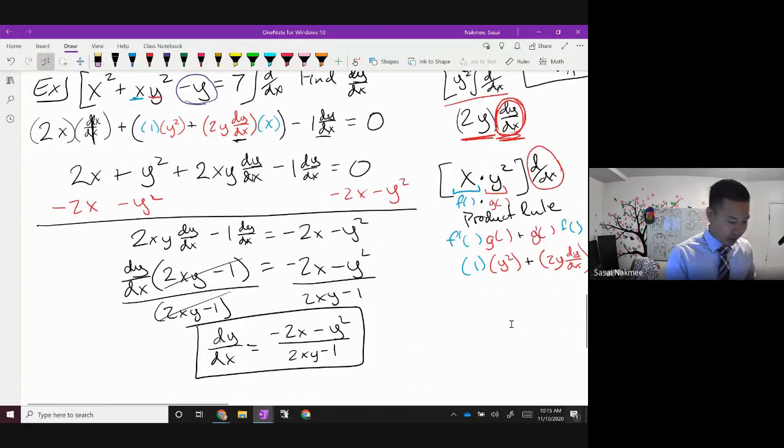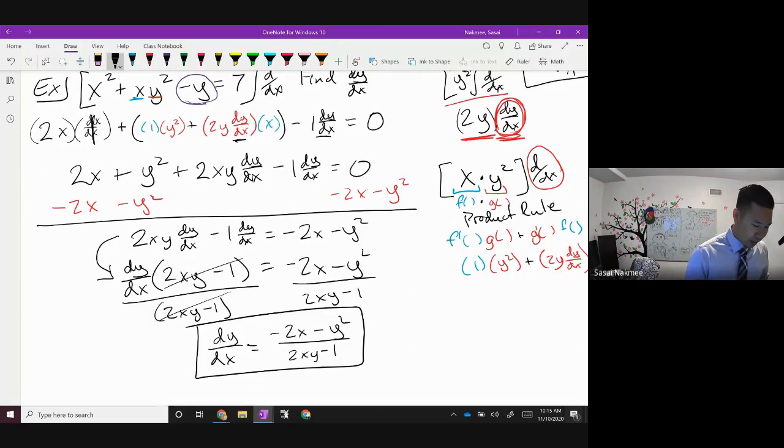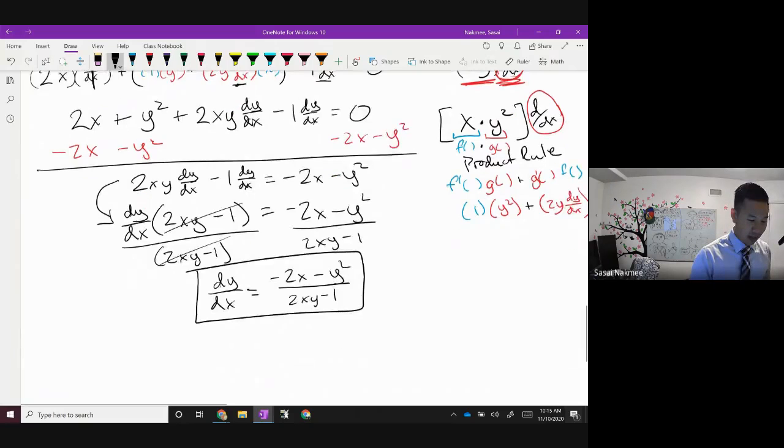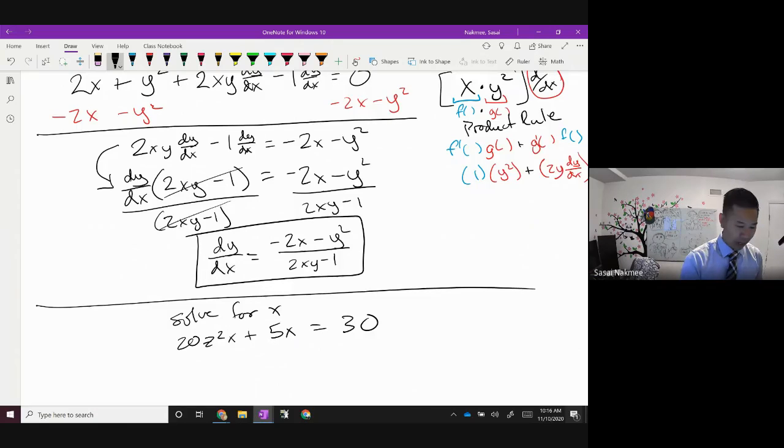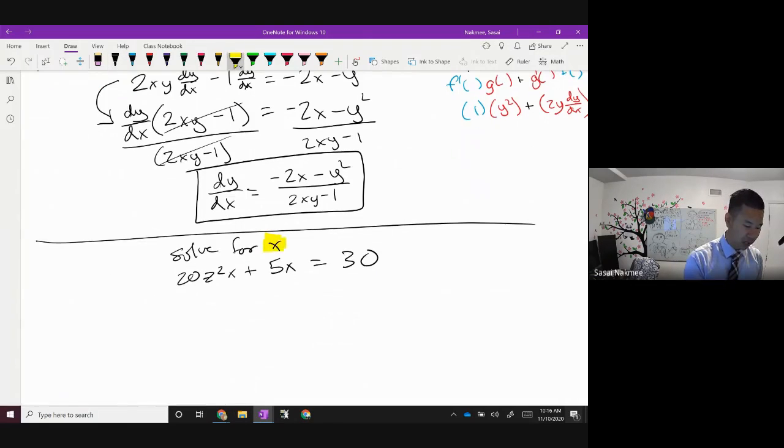The idea on this step, Brandon, going from here to here and factoring out the dy/dx, is this: if you think back to your classes before, if I asked you to solve for x, and I gave you a problem like 20z squared x plus 5x is equal to 30, and I was trying to get x by itself.